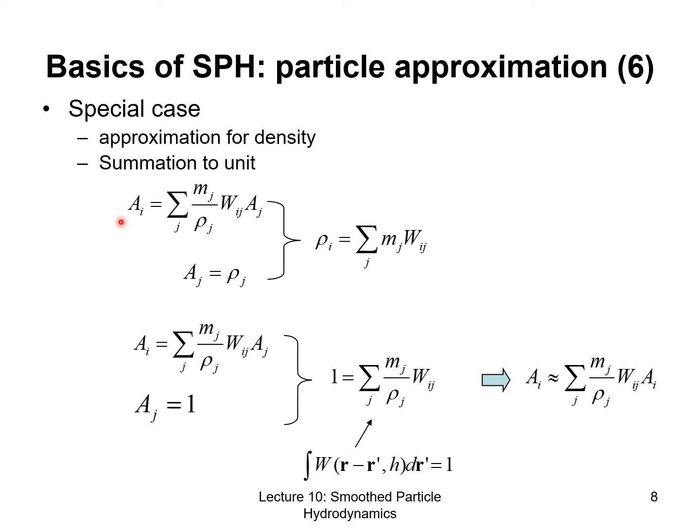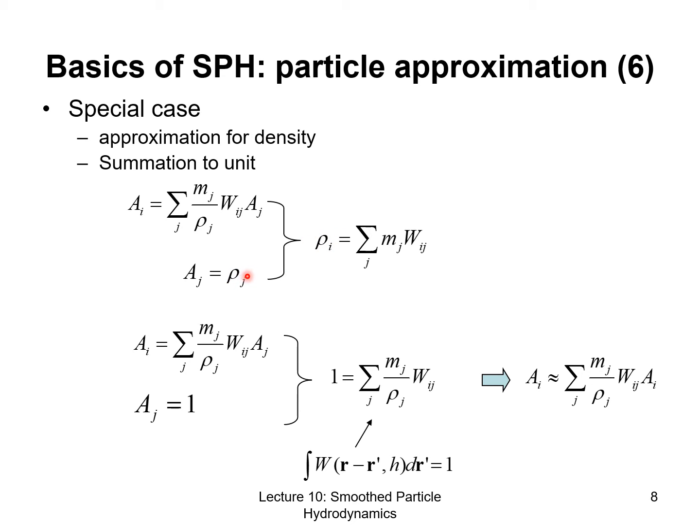the first thing is how can we approximate density, because density is one of the basic variables for CFD. If you want to approximate density, there will be a density here, and this would also be a density. So you just insert this into density and you can approximate it.